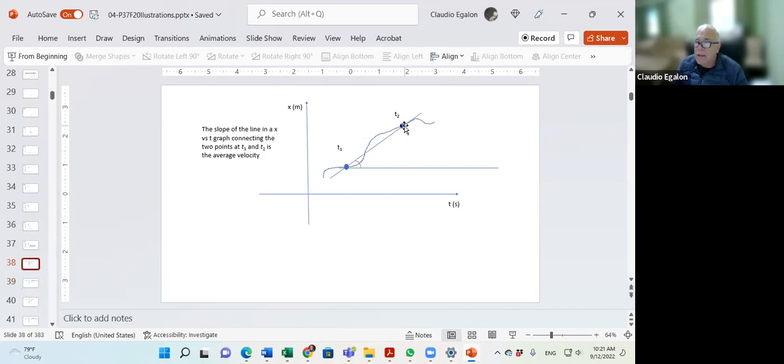If you want to know the instantaneous velocity at instant t equal to t2, or at t1, or any other spot, what you have to do is get the line that's tangent at this point, right here. The slope of the line tangent at this point is going to be the instantaneous velocity.